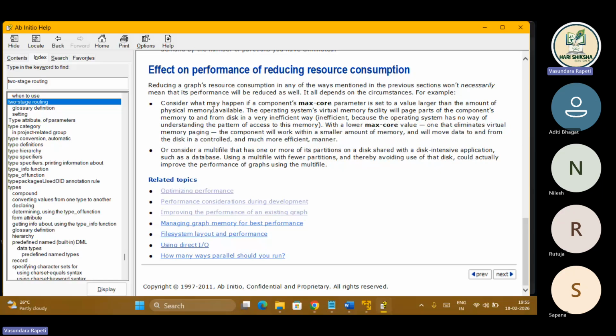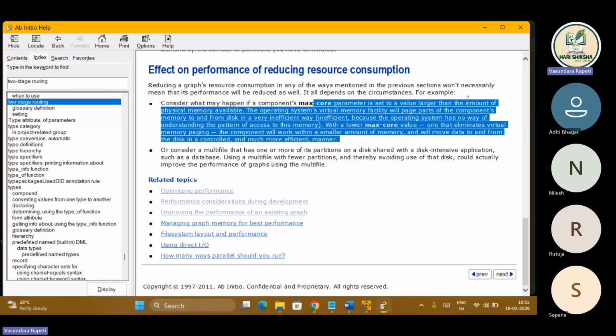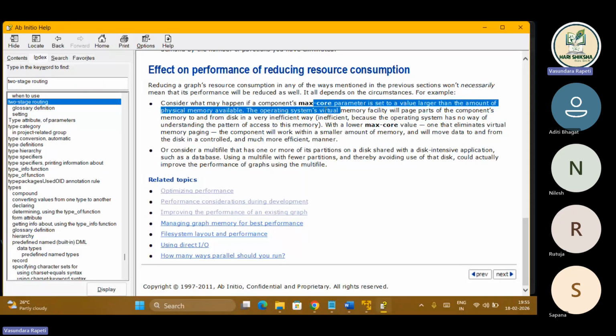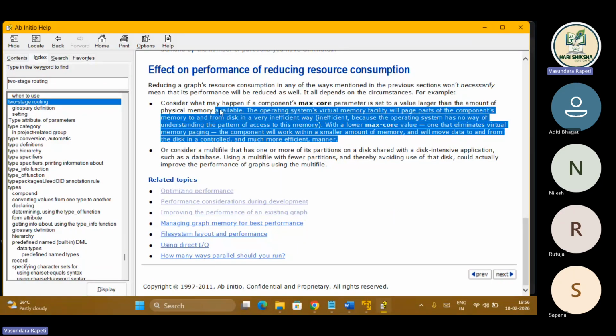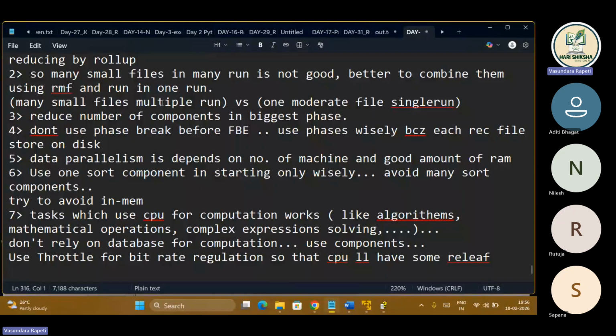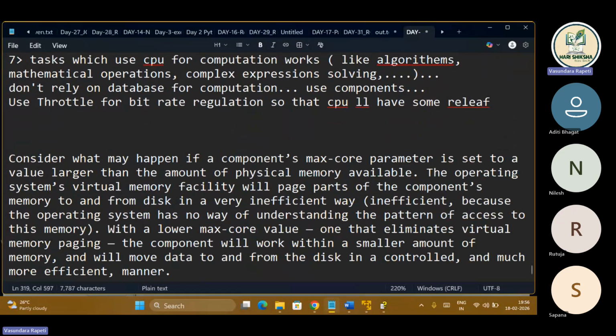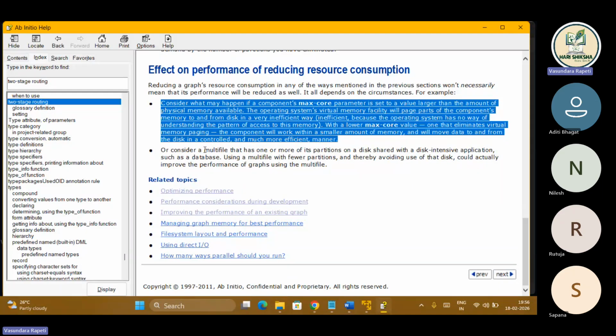And if max-core is set to a value larger than the amount of physical RAM, the operating system's virtual memory facility will page parts of the component's memory to and from the disk in a very inefficient way, because the operating system has no way to understand the pattern of access to the memory. This is the answer to what will happen if you give high max-core or low max-core. A very point-to-point answer it is.